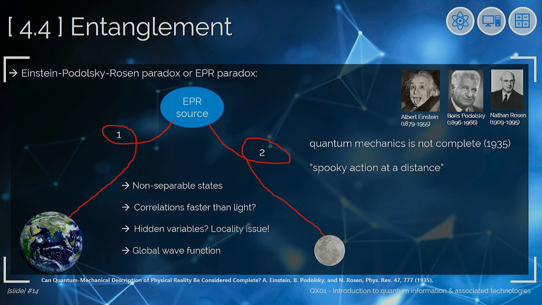Because again, what does it mean? It means that if I have a source of EPR particles, as we called them at the time, let's say a source of two entangled photons, we'll come back to that later on. I'll show you how in practice we can entangle two photons together.